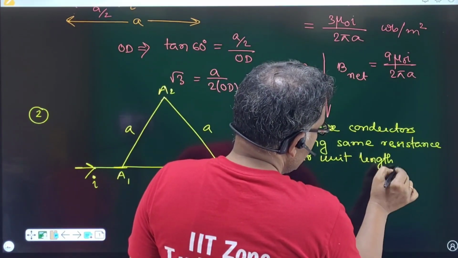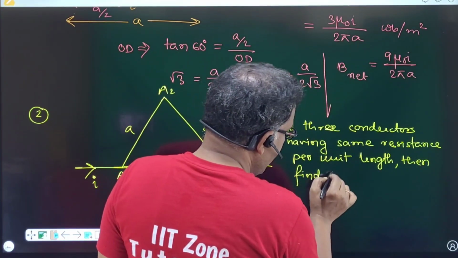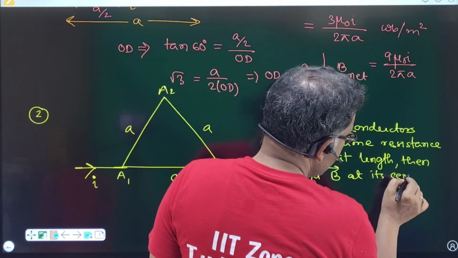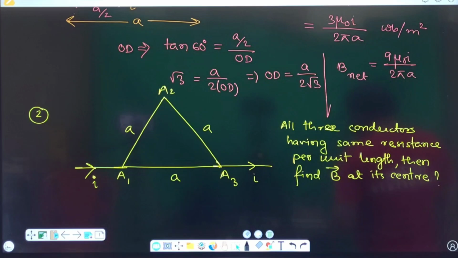Then find the magnetic field, B vector, at its center.